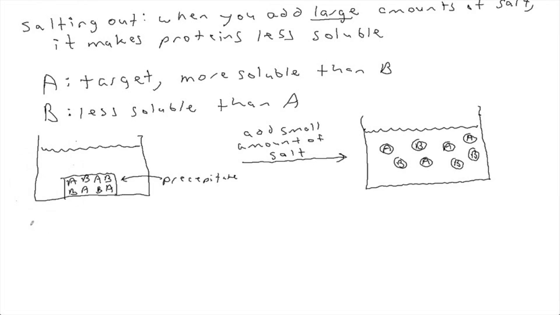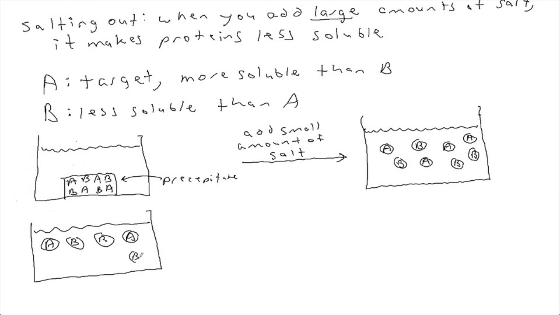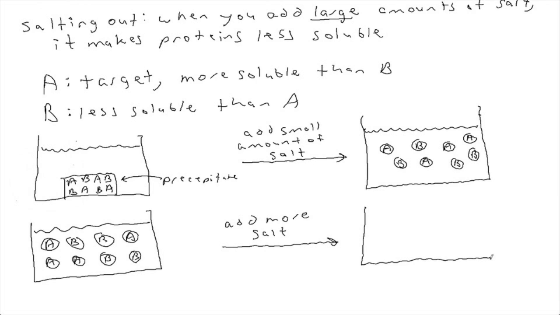Well, what we can do next is add more salt. Very gradually and carefully. We gradually add more and more salt until some of the protein precipitates.